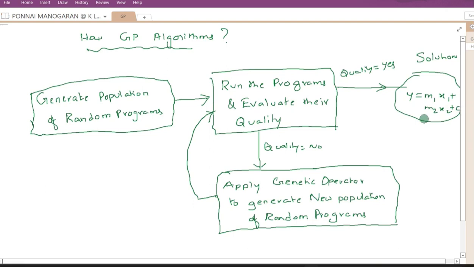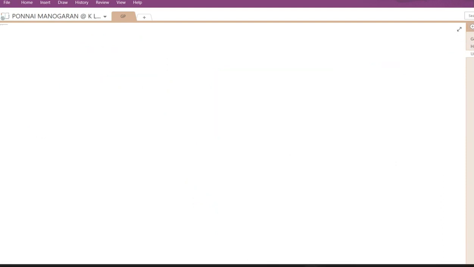So this is how genetic programming will work, by generating a set of populations and evaluating their quality, which leads to an optimal solution. Okay, this is how genetic programming works.